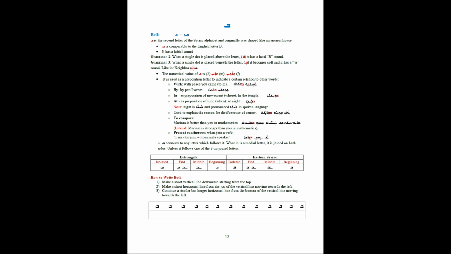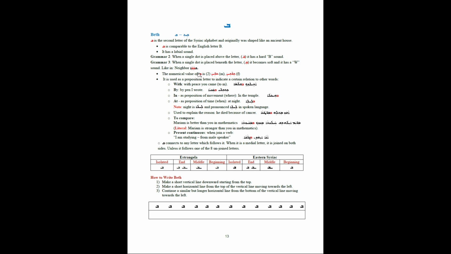Okay, that is a grammar. For example, when I say shwawa, shwawa means neighbor. Do you see the two Beths? I have one Beth here, another Beth here, one single dot underneath this one and a single dot underneath this one. So that means the sounds of these two Beths are W. Shwawa, neighbor.